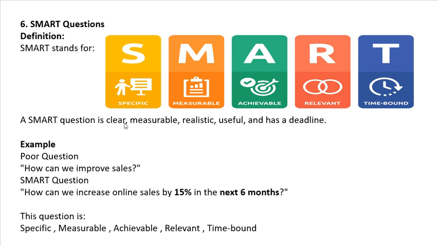SMART questions are clear, measurable, realistic, useful, and have a deadline. For example, a poor question is, how can we improve ourselves, and a SMART question is, how can we increase online sales by 15 percent in the next 6 months. This question is specific, measurable, achievable, relevant, and time-bound.